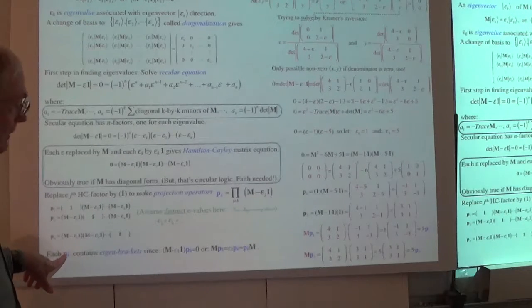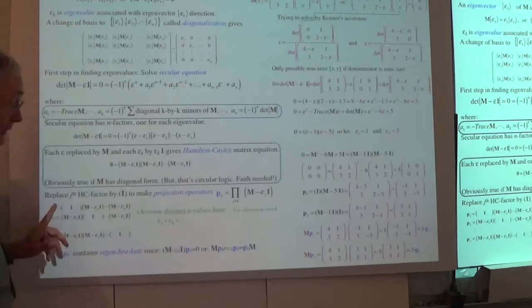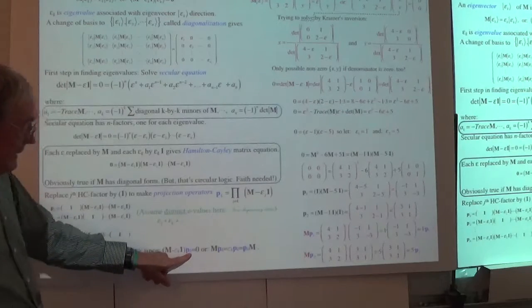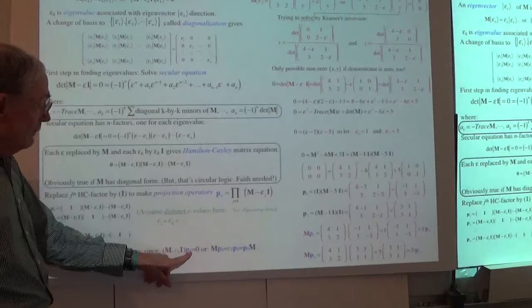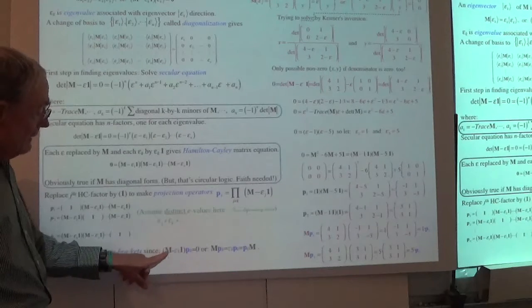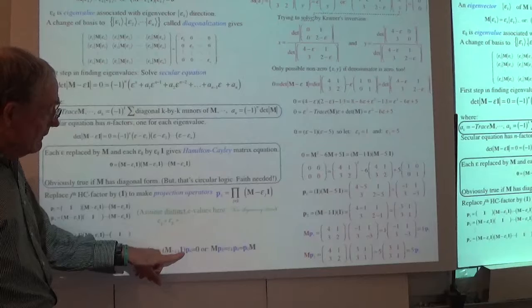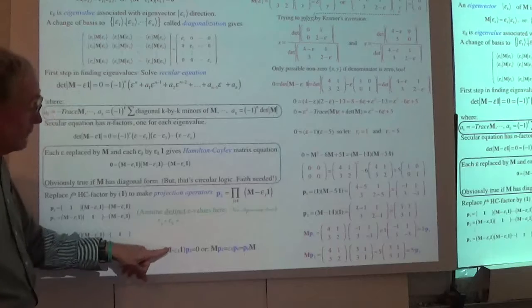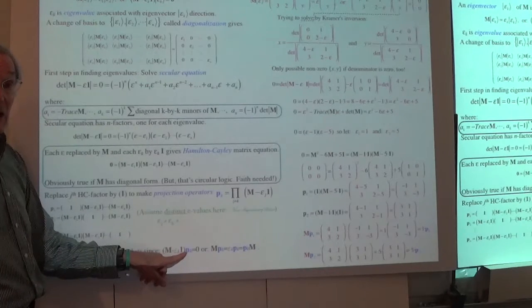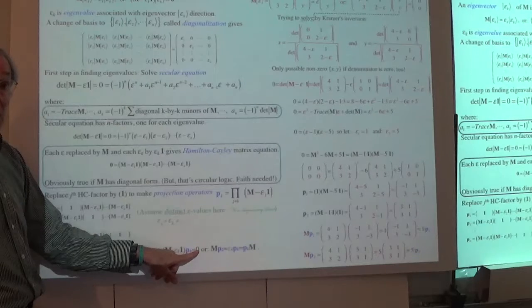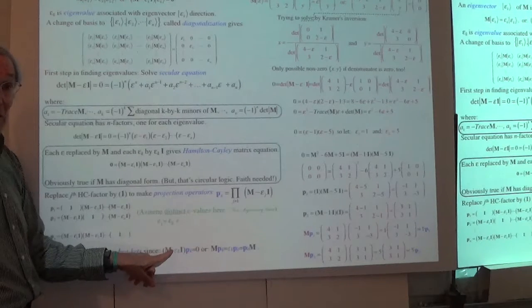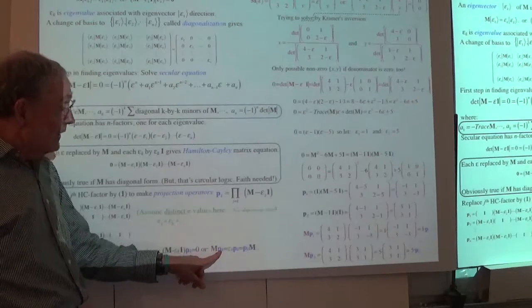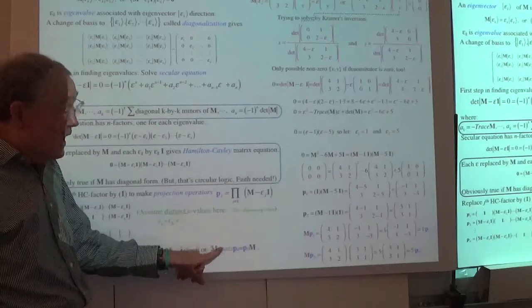Anyway, so what's working for us is here is the P for a particular K. That means I took out the kth factor, and then I multiply here by m minus epsilon k. That's the factor I took out. That reconstructs the secular product and gives you 0. This is the trick right here, because that then gives you a pk that acts like an eigenvector. That is, this is an eigenoperator.